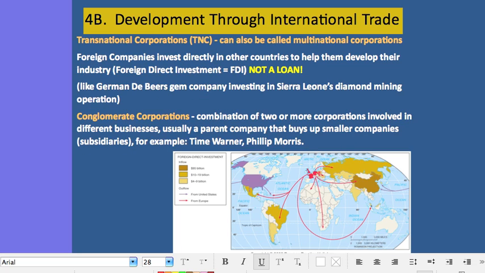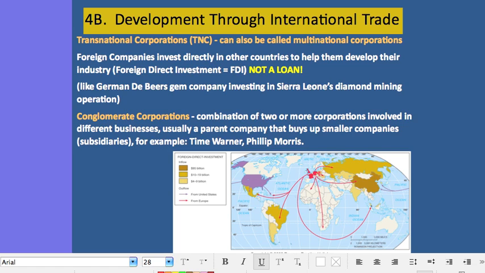All right, looking at these terms, a transnational corporation can also be called a multinational corporation. These are foreign companies that directly invest in industries in another country through what's called foreign direct investment. This is an investment, not a loan. So a company like De Beers, which I have here, might invest money into a Sierra Leone diamond mining operation.